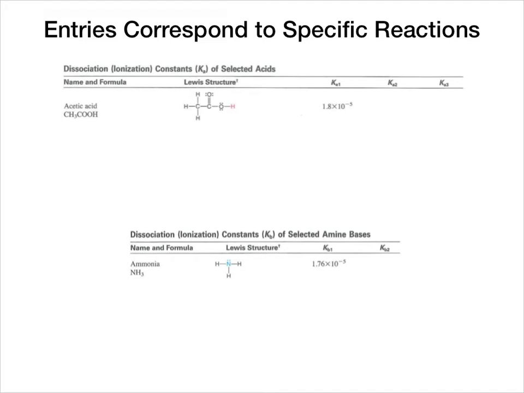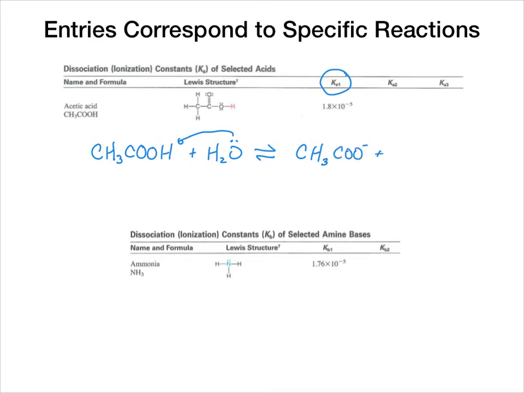So each of these entries on the table correspond to very specific reactions. This acetic acid entry is listed as a Ka, and that means it corresponds to the acetic acid, CH3COOH, reacting with water and behaving as an acid. So that means that water is the base, takes the proton, and leaves us with the acetate ion and H3O+.